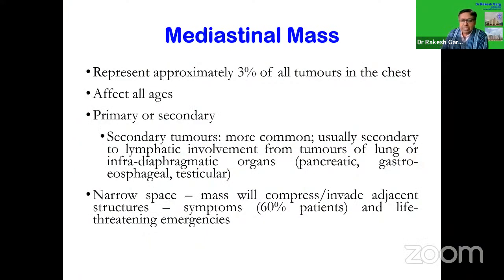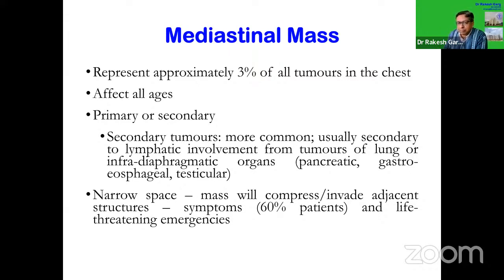So when we talk about mediastinal masses, we have a lot of mediastinal masses that need to be operated upon in the thoracic cavity, but almost 3% of tumors will be mediastinal masses among all the tumors in the chest. And the age variability is very much. It can be seen in the pediatric age group.